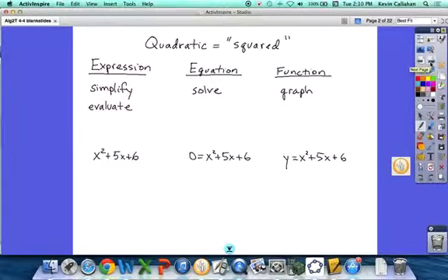So by quadratic, what we mean is the highest power term is squared, whether it's an expression, an equation, or a function. The highest power term is squared.